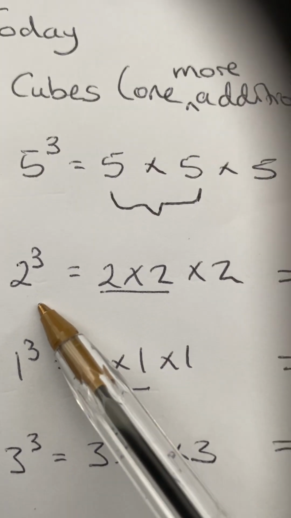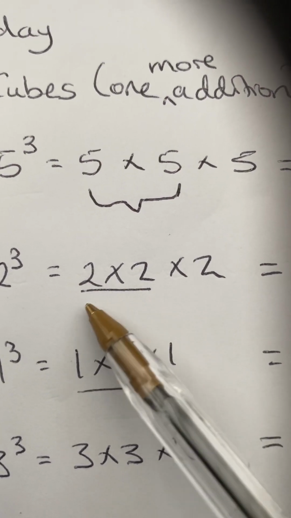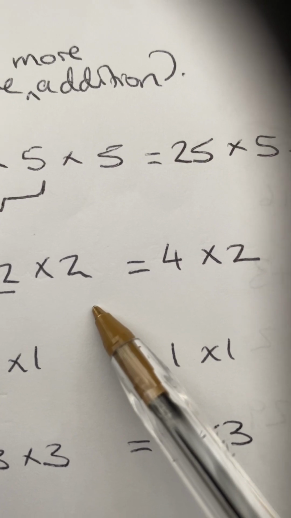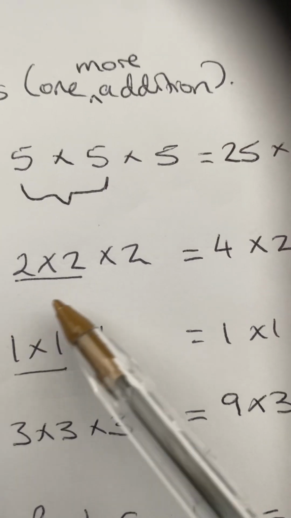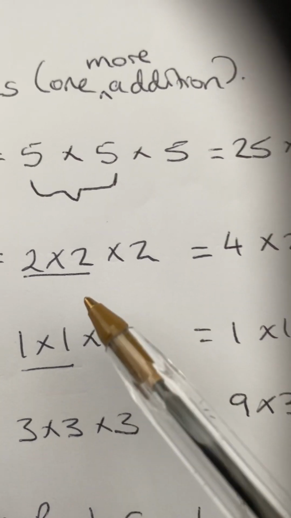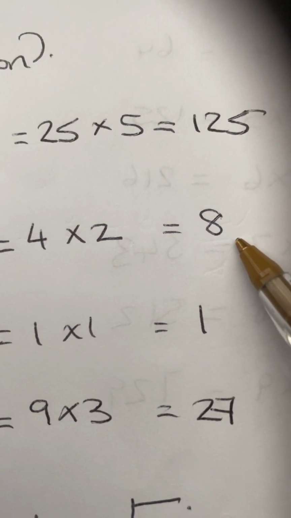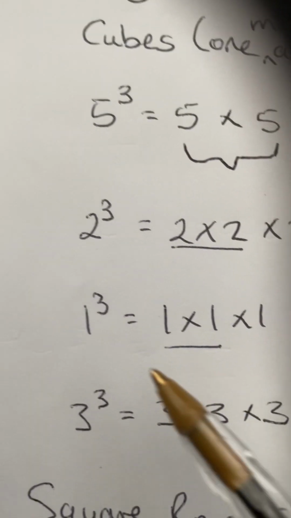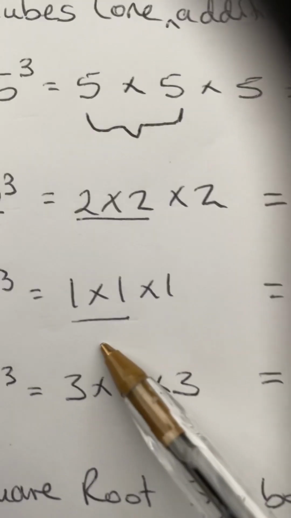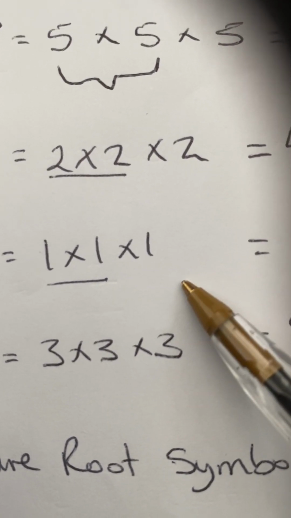2 to the power 3, 2 times 2 times 2. So 2 times 2 is 4, times 2 is 8. 1 to the power 3, 1 times 1 times 1.